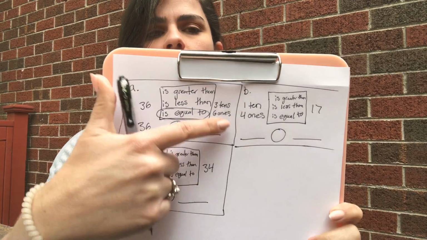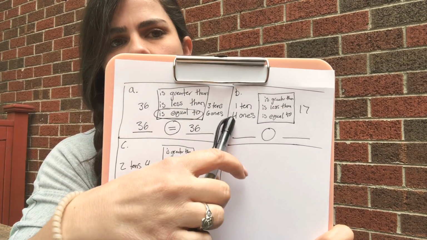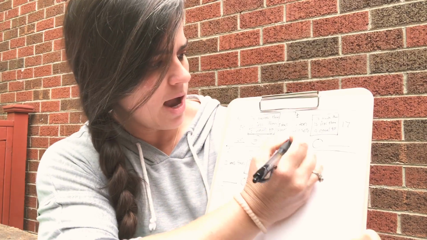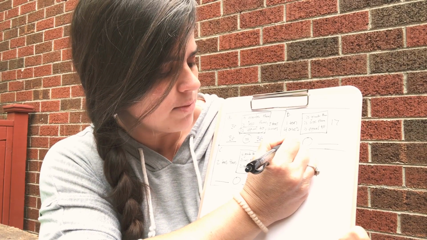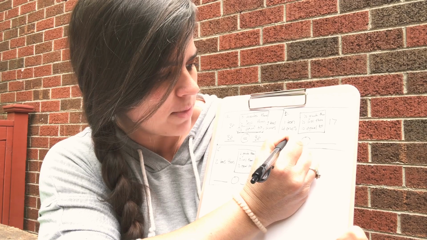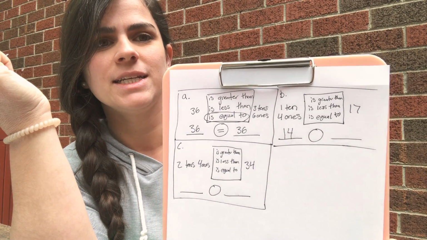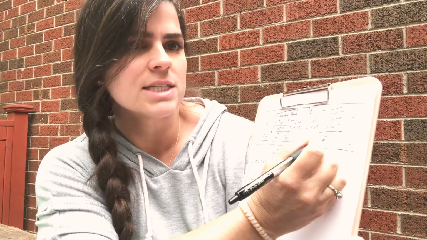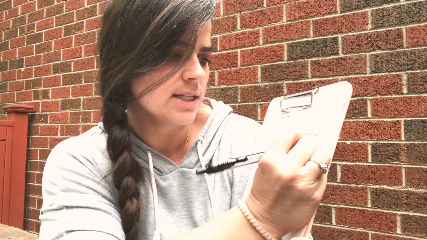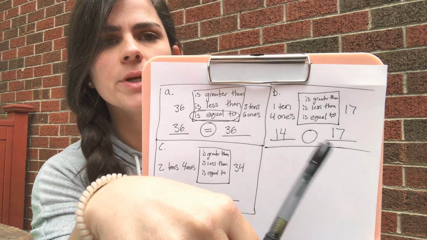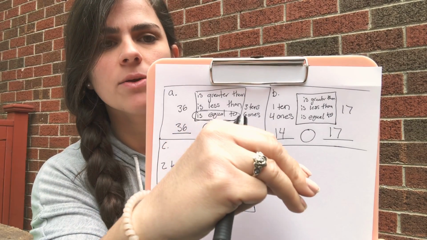All right, let's go to B. On this side, I have 1 ten and 4 ones. So let's write that out. Put a 1 in my tens place and a 4 in my ones place, and I get the number 14. On this side, 17, I can see it. Boom. So now I need to decide which one does my alligator want to eat.